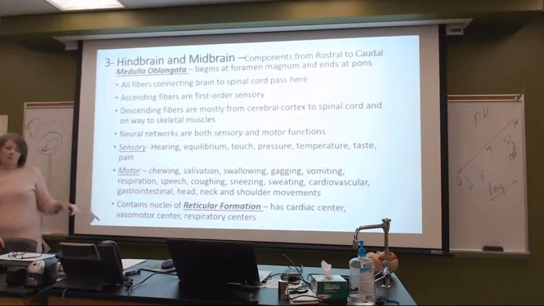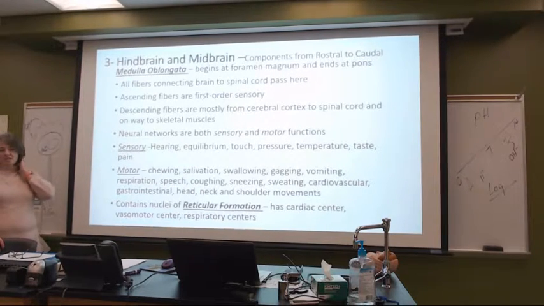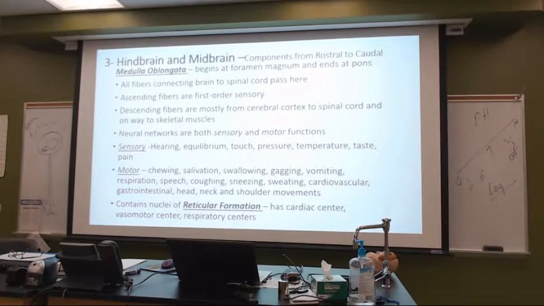The reticular formation is going to be this diffuse web of these nuclei throughout this brainstem area. Okay? So, because in this brainstem area, we're going to be dealing with so many control centers, okay?